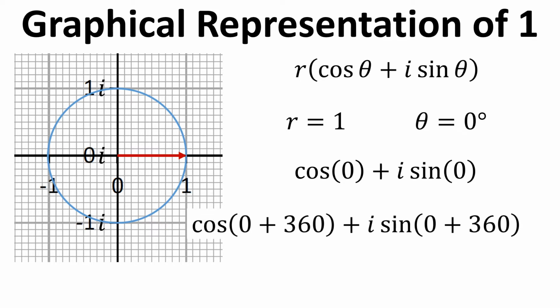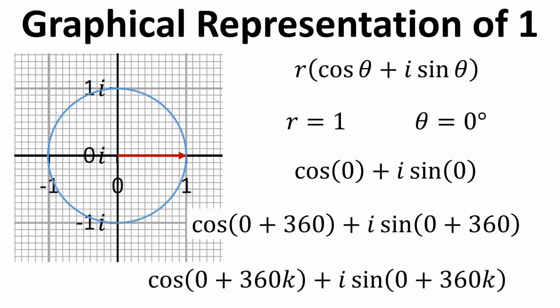So we can also write this as cos 0 plus 360 plus i sin 0 plus 360. And in fact, we can go any number of whole 360 degree rotations around this. And so we can write the number 1 as being cos 0 plus 360k plus i sin 0 plus 360k. And I'm keeping the zeros in here intentionally to illustrate a point.